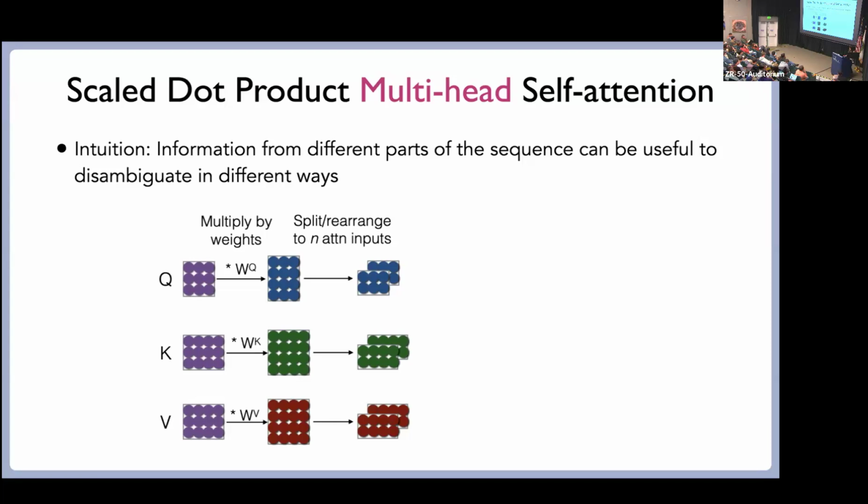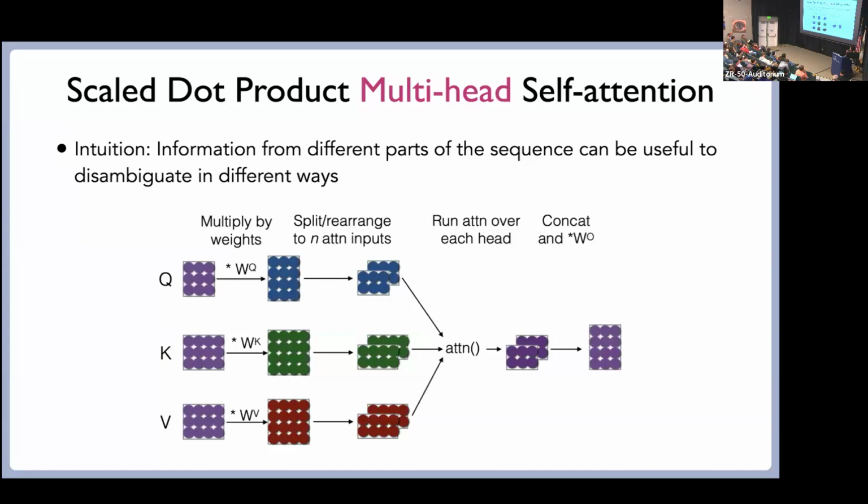Once you have the small matrices, you can apply self-attention to every individual one independently. So you get the attention output for each of them. Finally, you concatenate them so that they eventually become a single matrix. The single matrix is the output of the multi-head attention and can be fed into the next layers of the transformer.